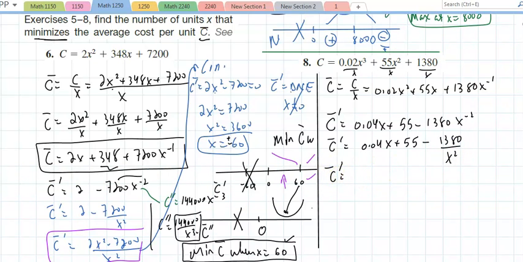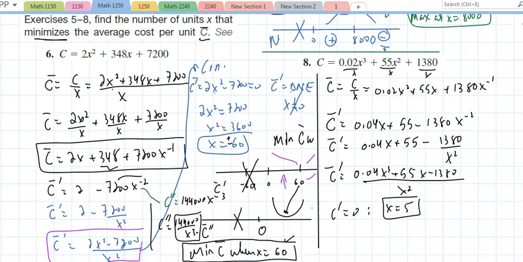Okay, so this is 0.04x cubed plus 55x minus 1380 over x squared. It turns out where the c prime equals 0, when x equals 5, they use a graphing calculator to do that. You're not responsible to know that. I thought all of these could be done by hand. The homework you're going to do, you'll be able to do it by hand.